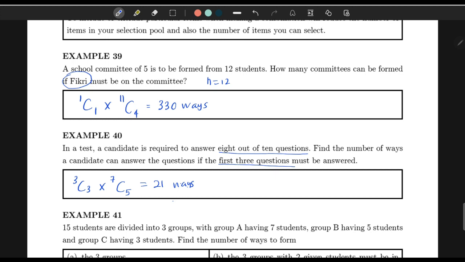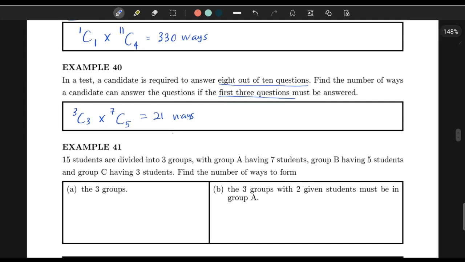Okay, students, we proceed with example 41. Fifteen students are divided into 3 groups, with Group A having 7 students, Group B having 5 students, and Group C having 3 students. Find the number of ways to form the 3 groups.